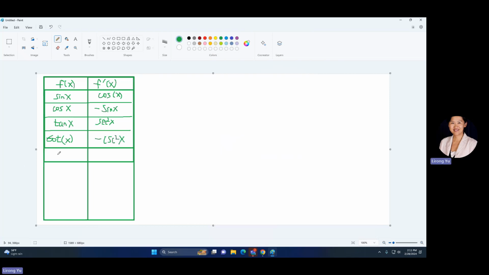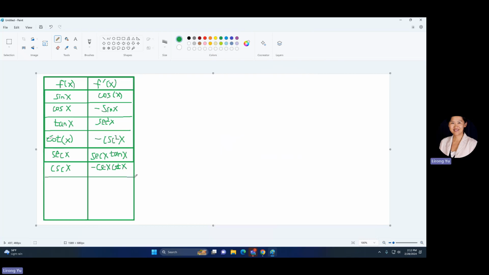And then we just did the secant: the derivative of secant is secant x tangent x. The derivative of cosecant is negative cosecant of x times cotangent of x.